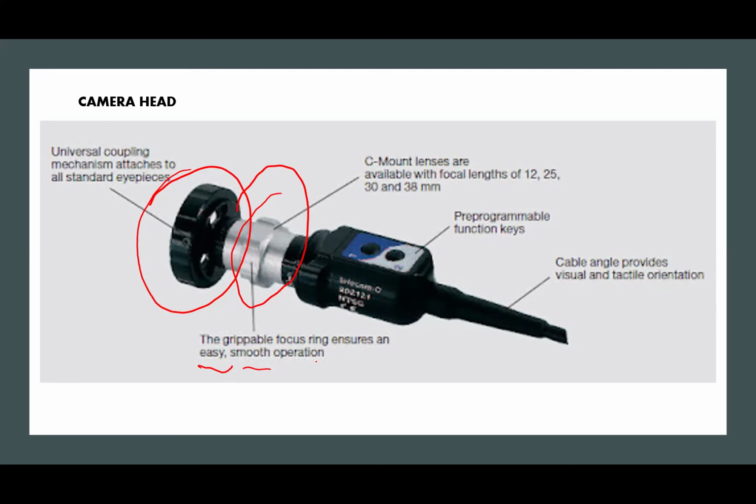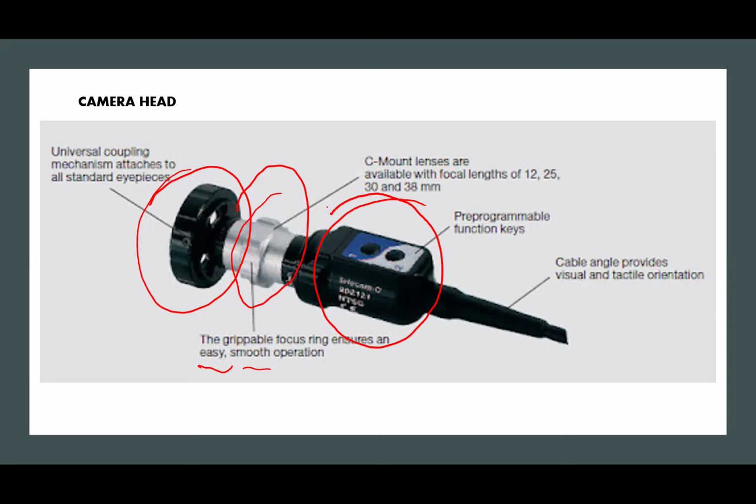C-mount lenses are available, okay? Now, on this handle there's a programmable function key. It depends on the product. Some of the products will have their white balance on the head, while others will have white balance on the endovision camera.